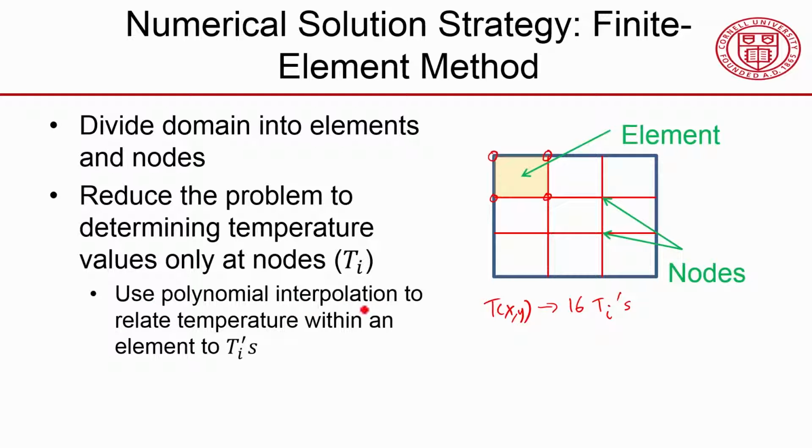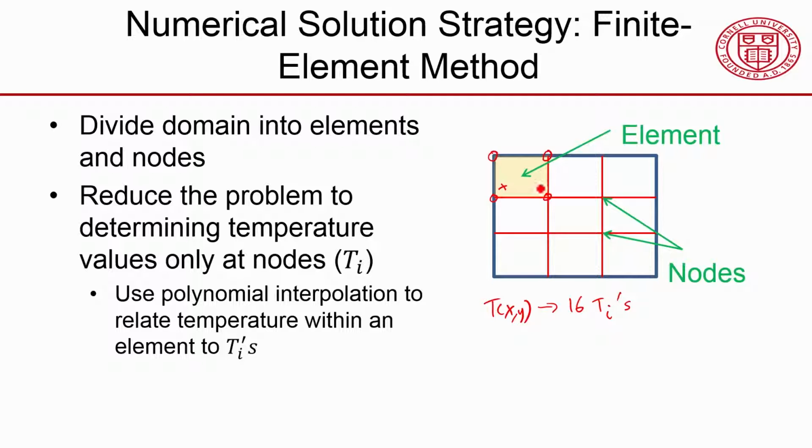And to use polynomial interpolation to relate temperature within an element to the nodal temperatures. If I want to know what's the temperature there, I would interpolate between these 4 values. In the 1D case, we were interpolating along a line. Now we have to interpolate within an area, so the interpolation is more complicated.